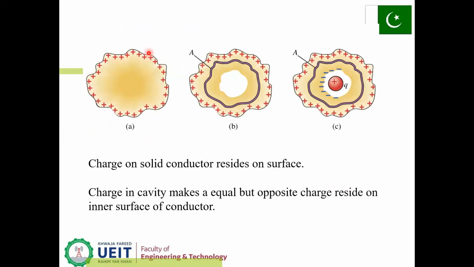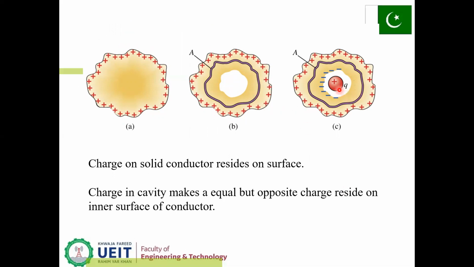This is the cross section of a conductor. You can see that if there is a cavity inside the conductor, there will be no charge distribution. Also, inside the conductor there are no charges, only at the surface of the conductor there are charges.